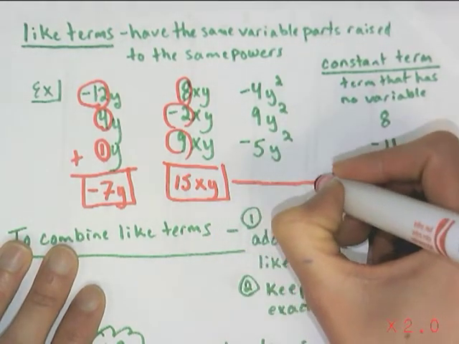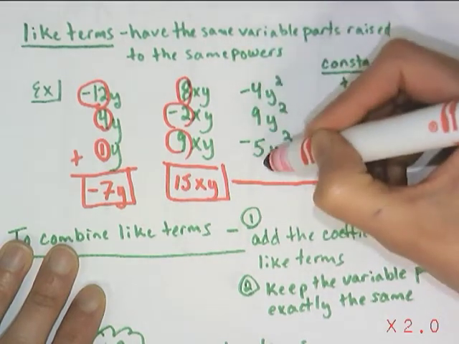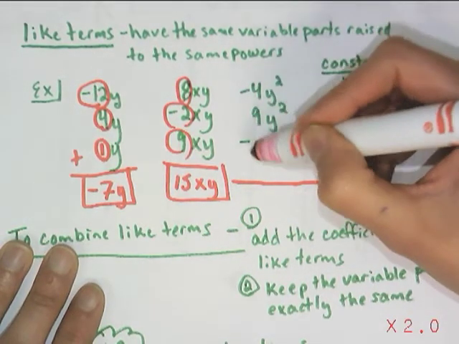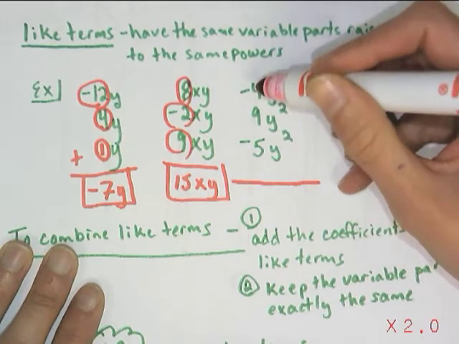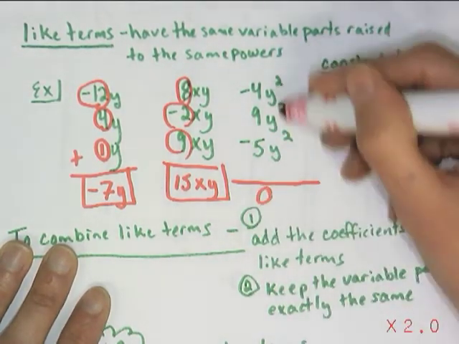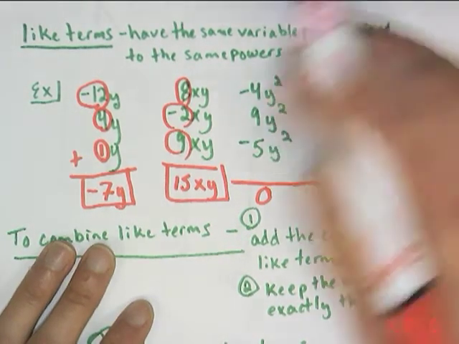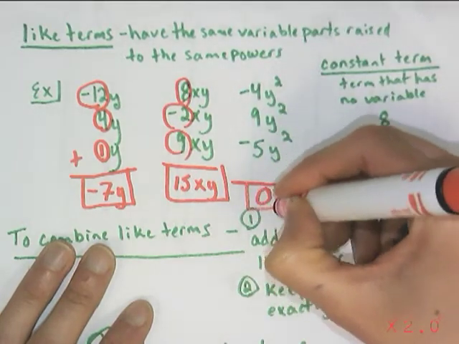Likewise, this last column here, I have negative 4 and a negative 5. That makes negative 9 plus 9. Those two cancel out. And when I have 0 times anything, I just created 0. So all 3 of these terms just created nothing.